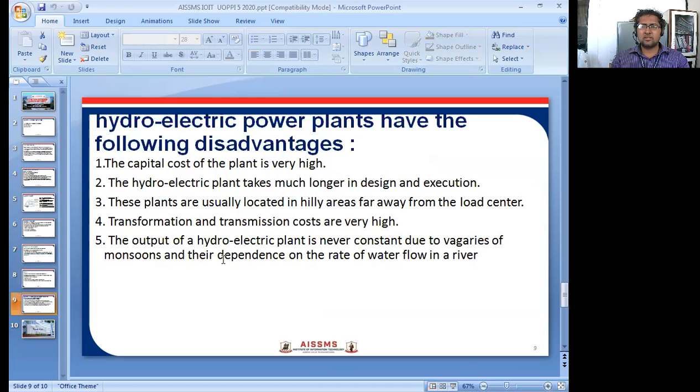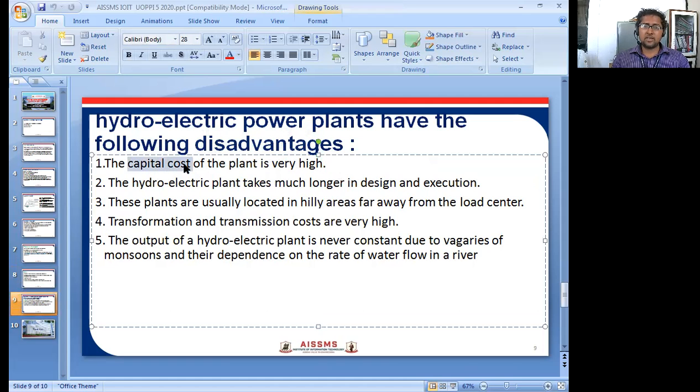Still, hydroelectric power plants have some disadvantages, like the capital cost of the plant is very high. Initially, when it is installed, the capital cost will be high. The hydroelectric power plant takes much longer for design and execution. These plants are usually located in hilly areas, and transformation and transmission cost is high.